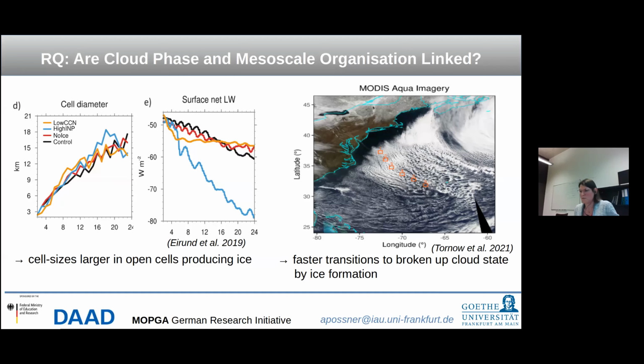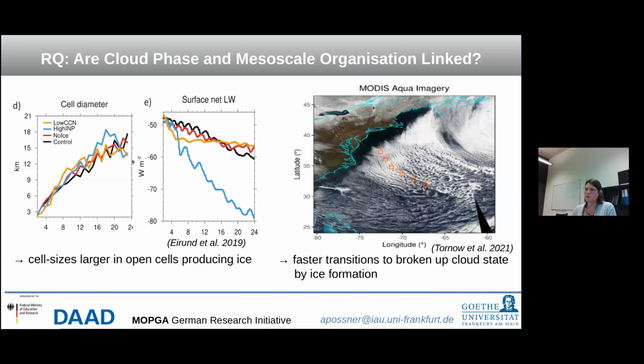One of them was led by Geza Iron, the PhD student whom I co-supervised at ETH. She was doing this for some simulations of Arctic open cell stratocumulus. And she was looking at the cell diameter of the cells that she was simulating inside the stratocumulus deck. So we're looking at the size of the honeycomb itself.